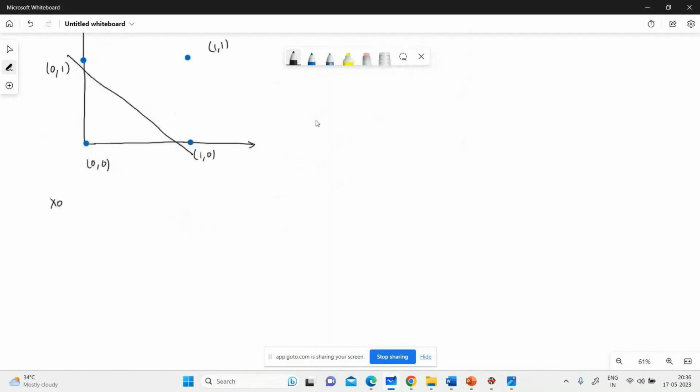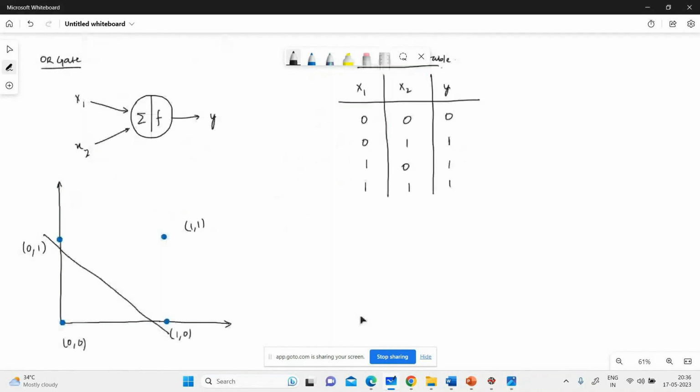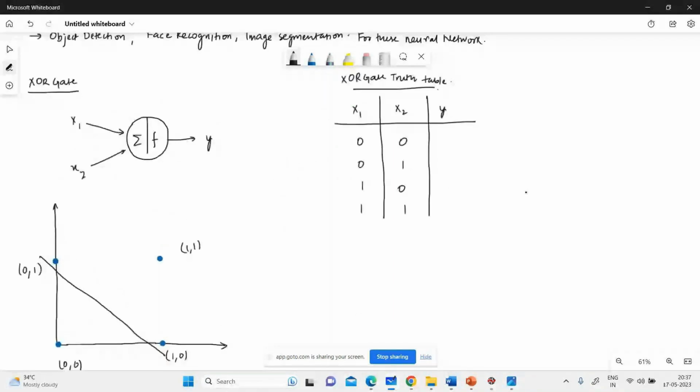And that's where things will be different now. Let's say I'll talk about the XOR gate now. So what will happen with the XOR gate? What will be the truth table for the XOR gate first? Truth table XOR gate value. 1001 maybe.